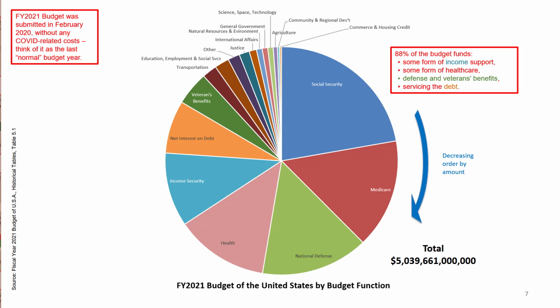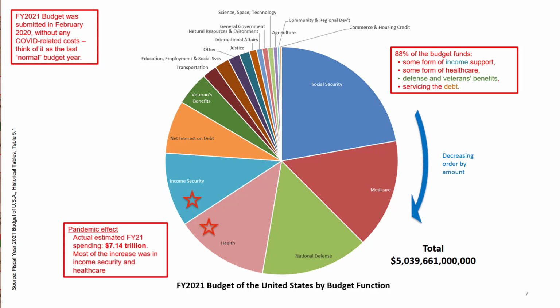That means that everything else the federal government does, highways, airports, Homeland Security, immigration, justice, the FBI, Congress, the White House, NASA, agriculture, all of that is only 12% of the federal budget. Now, COVID had a significant impact on the federal budget. We didn't spend $5 trillion in fiscal year 2021.